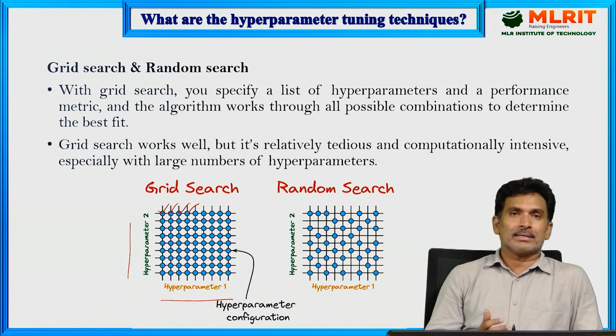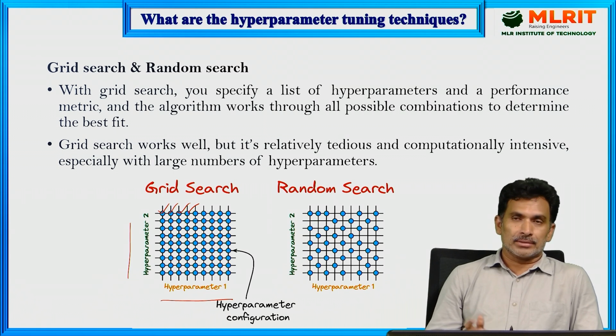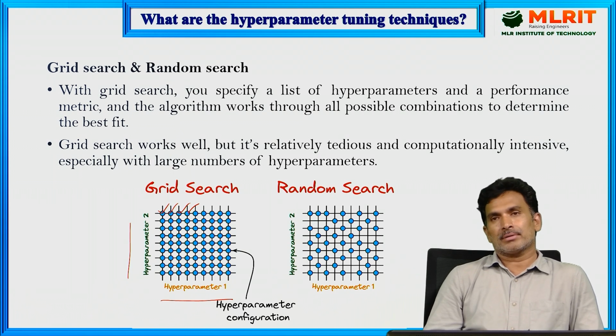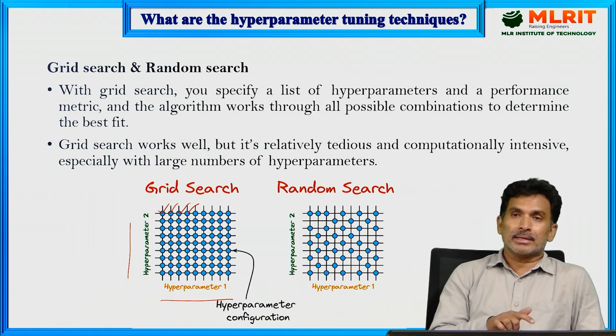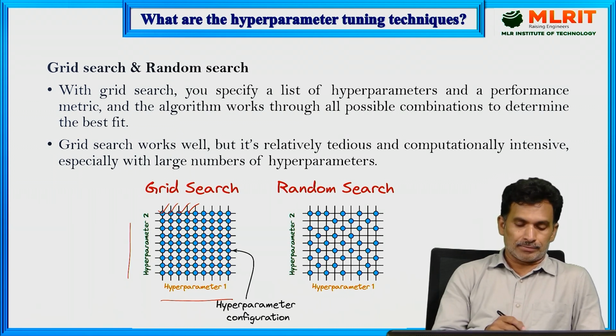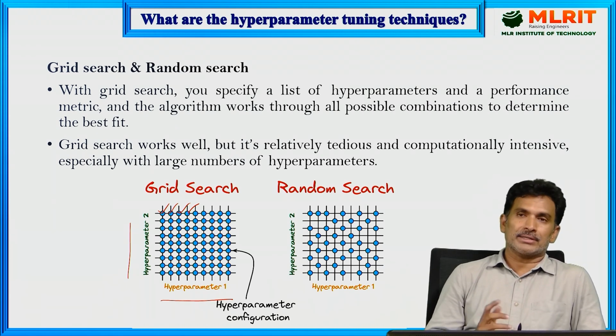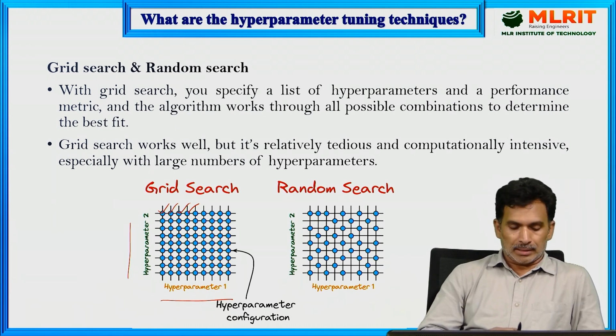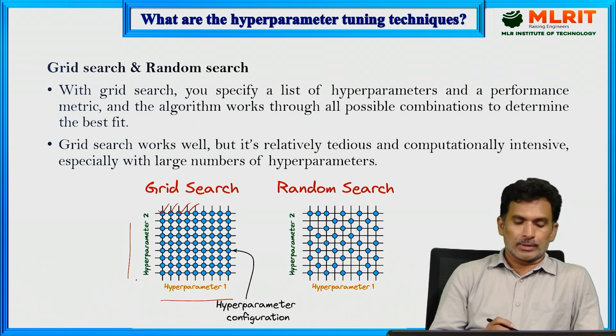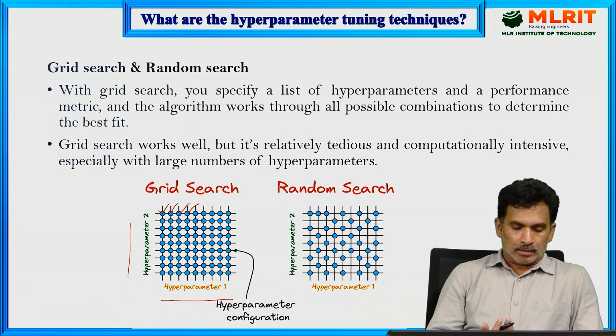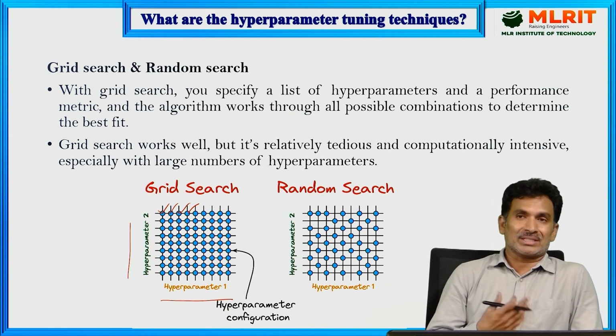Grid search works well, but it is relatively tedious and computationally intensive, because when there are a large number of hyperparameters, the grid, or search space, becomes large, and we need to conduct many experiments.